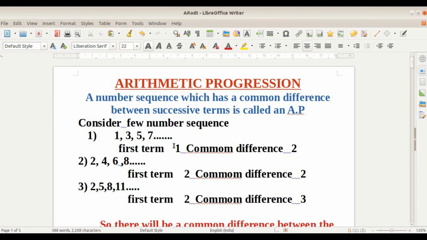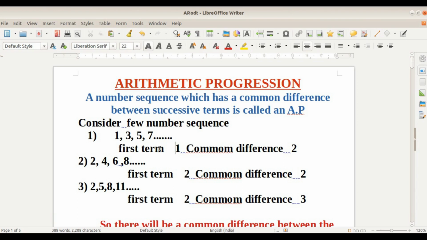So here our first term is 1, then the difference between the second and first term, 3 minus 1, is 2, then 5 minus 3 is 2, 7 minus 5 is also 2. That is, the difference between successive terms in this sequence is 2, or we can say the first term is 1 and the common difference is 2.